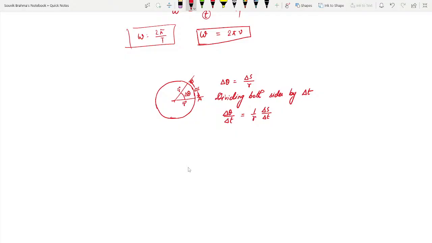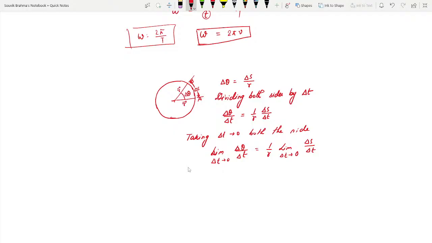Okay, now taking limit delta t tends to 0 on both sides, limit delta t tends to 0, delta theta by delta t is equal to 1 by r, limit delta t tends to 0 into delta s by delta t.